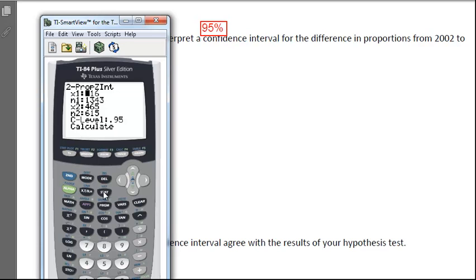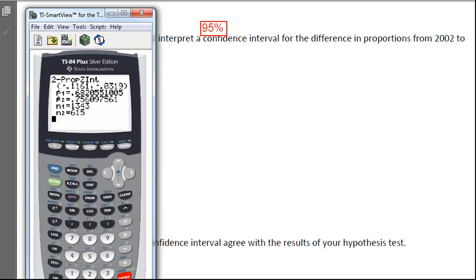And actually, that's not what I want. Oh, yeah, that is what I want. Confidence interval, sorry. And all I have to do is scroll down to calculate and hit enter. Okay, so our confidence interval is negative 0.116 to negative 0.032.